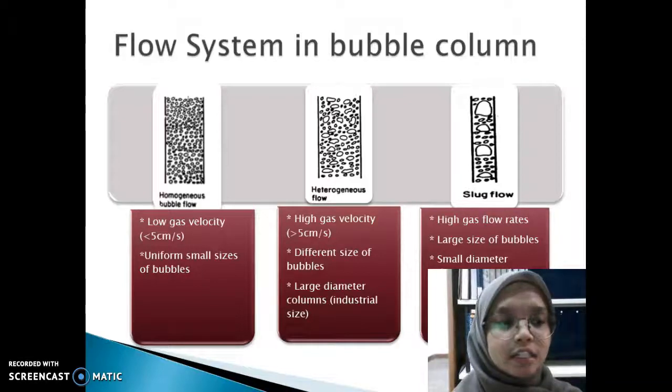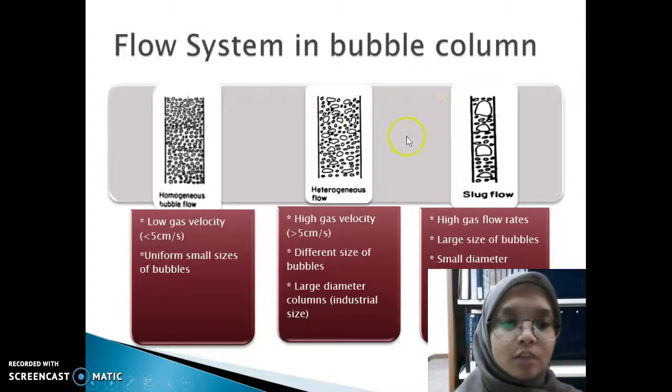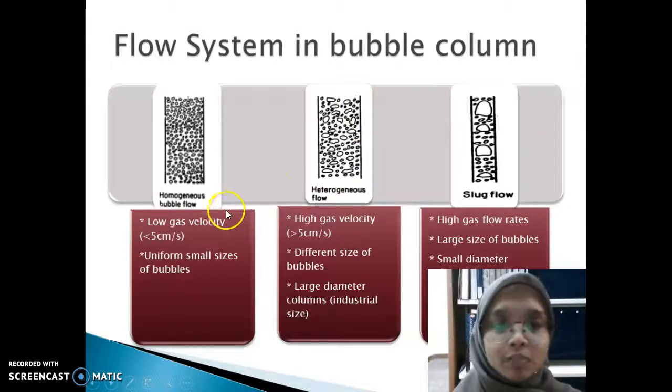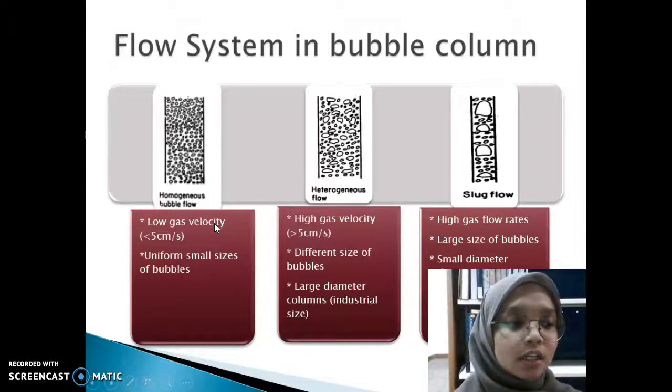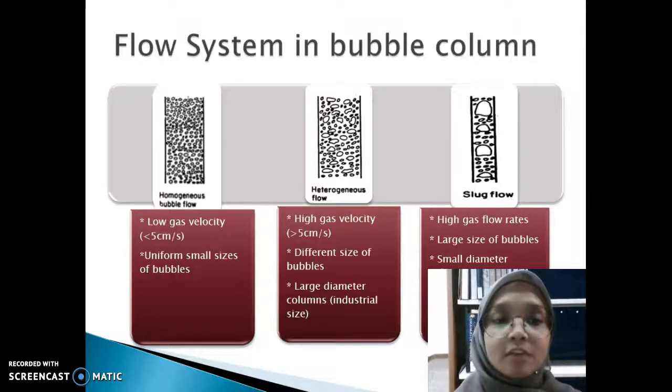Gas velocity can affect the size of bubbles produced in the column. Homogeneous bubble flow can be obtained at low gas velocity, approximately lower than 5 cm per second. Bubbles form in a relatively uniform small size.